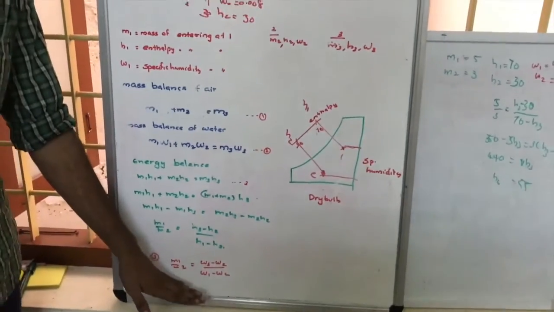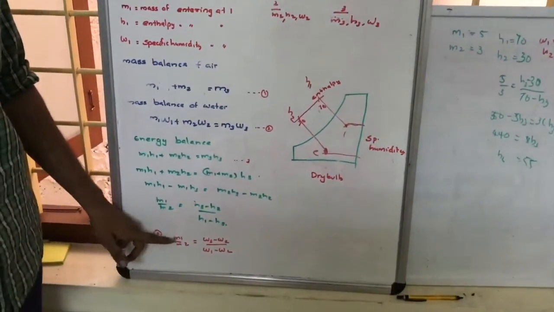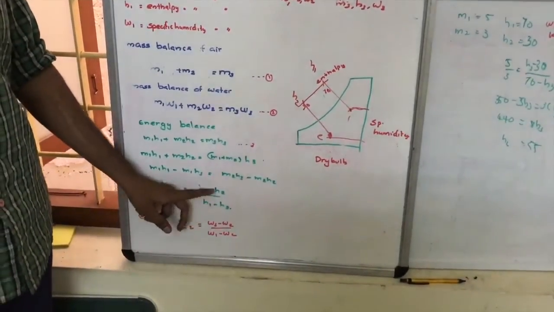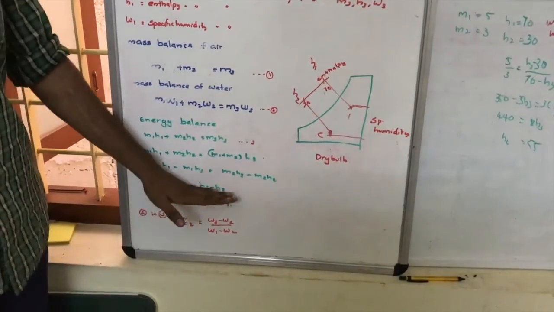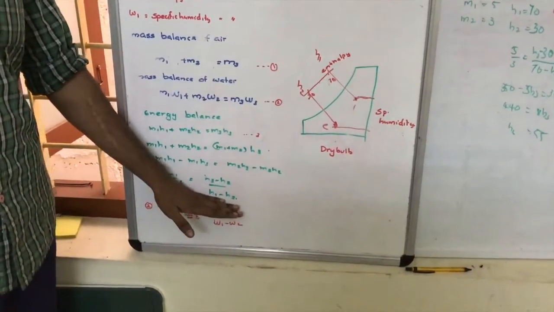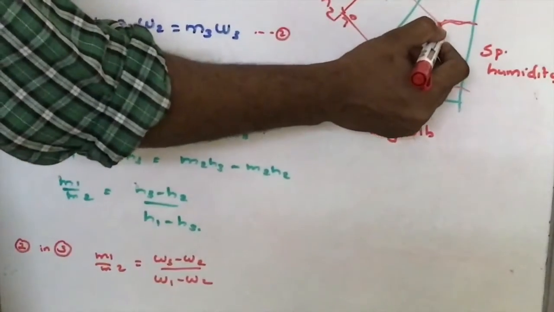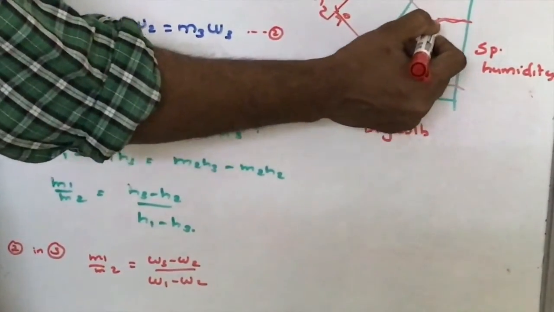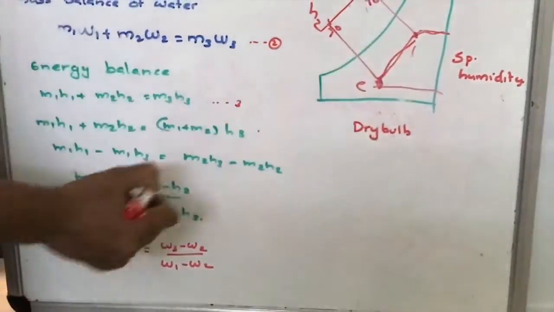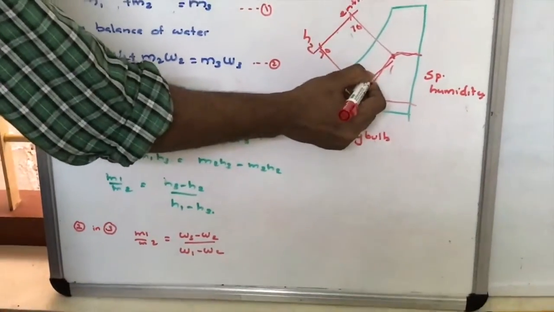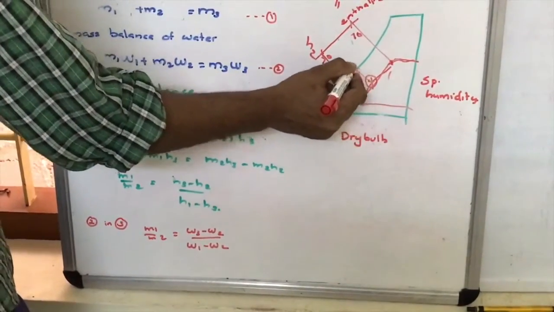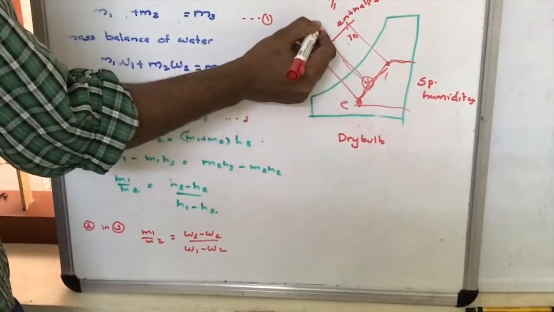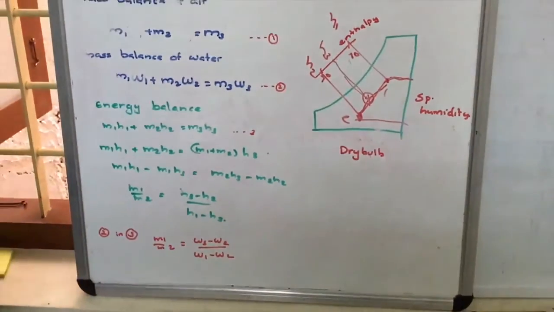From this formula, M1 by M2 is equal to H3 minus H2 by H1 minus H3. The peculiarity is that point 3 will be somewhere here, on the line joining 1 and 2. If we draw a perpendicular line from it, we get H3.